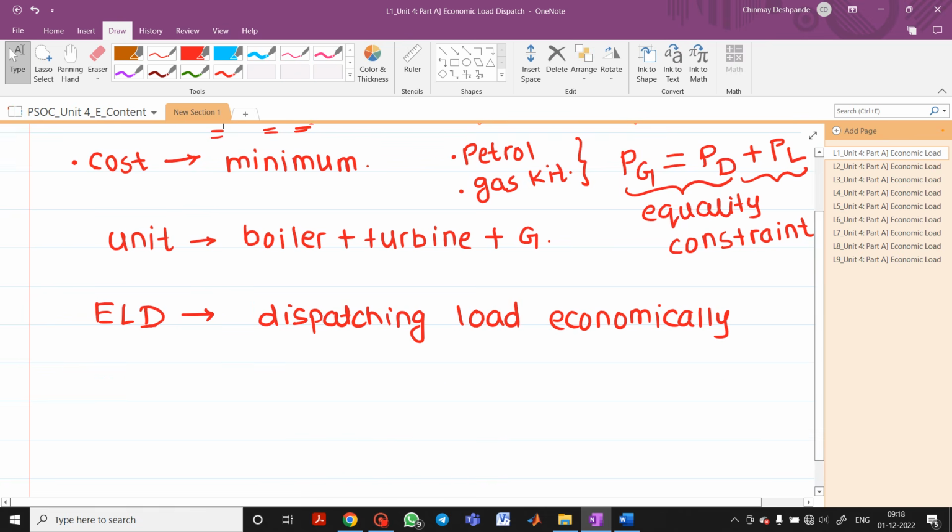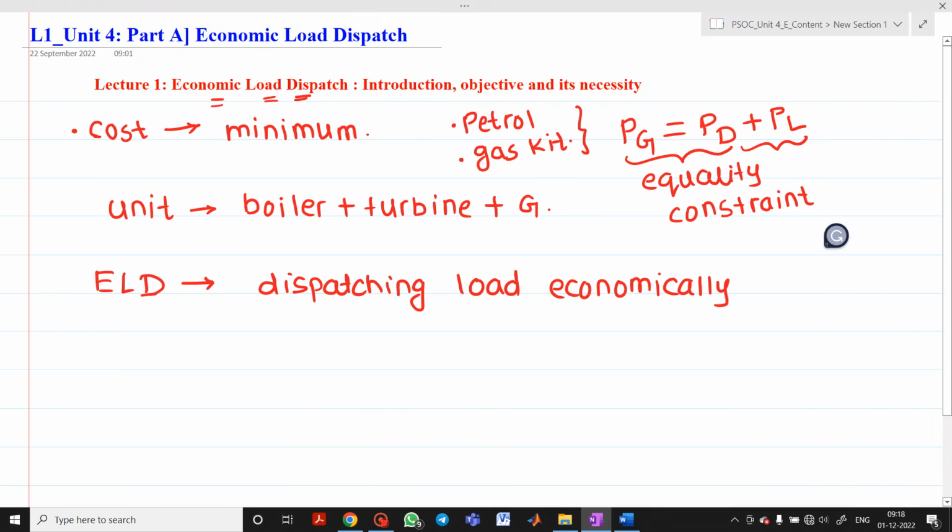Now let's have a look at how we can define it in a better manner. If I distribute the load among all the generating units working in parallel so as to minimize the total operating cost of the supply, then it is called economic load dispatch or scheduling.